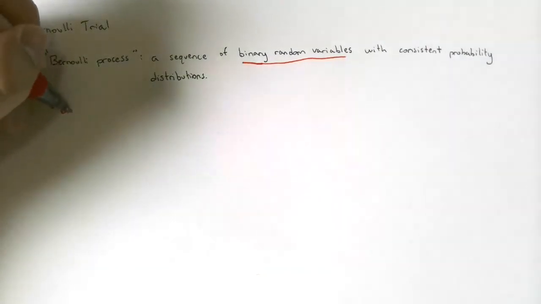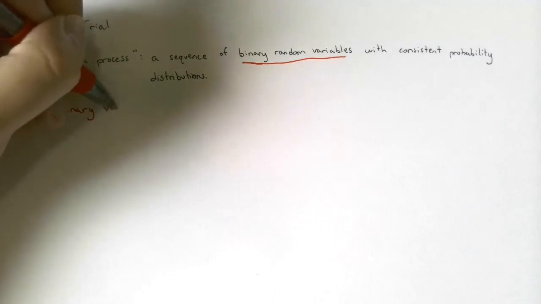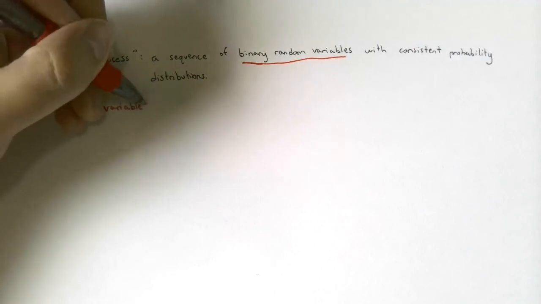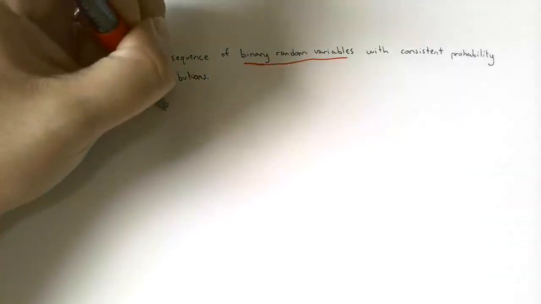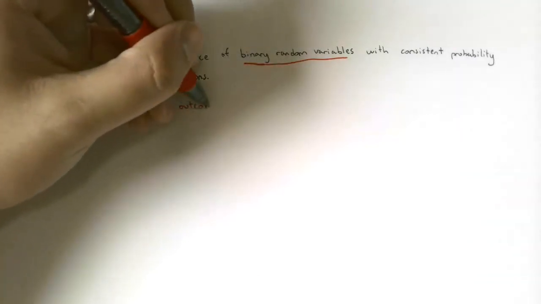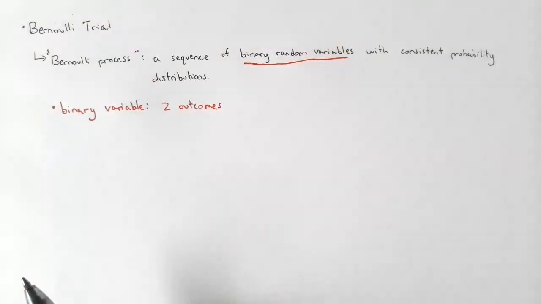So what do you think a binary random variable is? You can look at the name and kind of tell me. Yeah, two outcomes, right? Binary means two. It comes from two. So there's only two outcomes. So a Bernoulli process is a sequence of these random variables, each of which only has two outcomes.